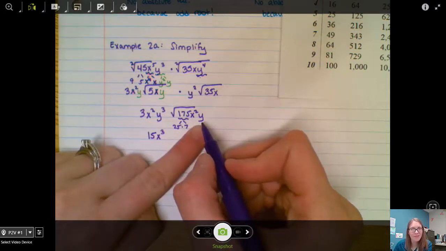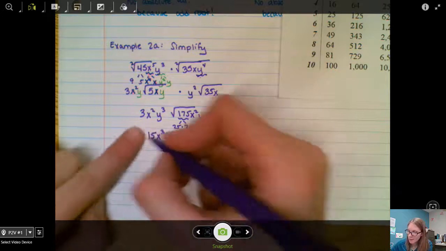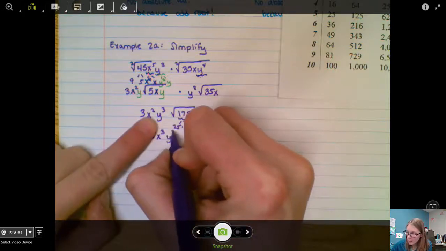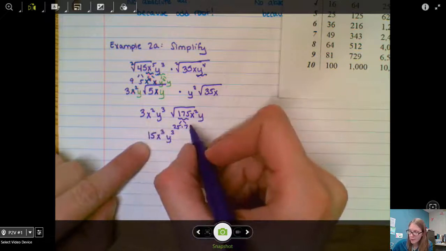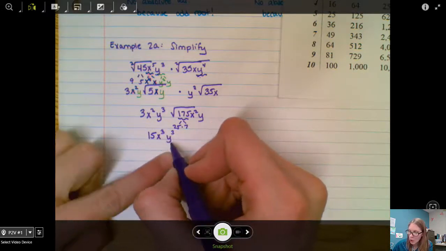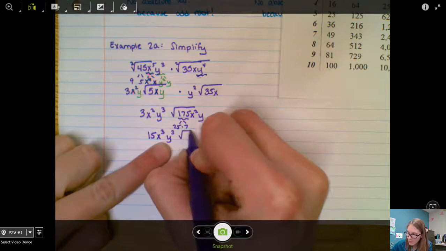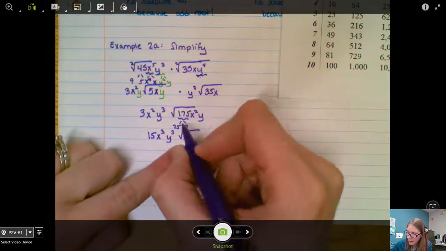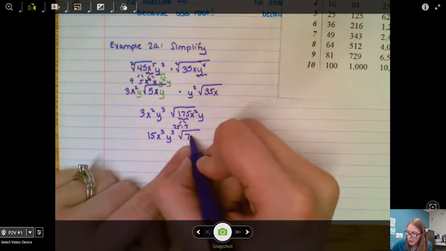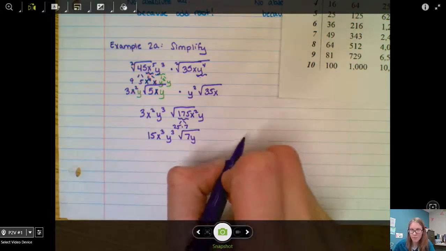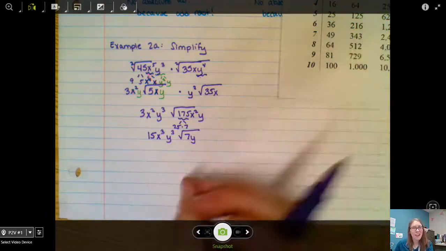That y, I can't do anything with. But I have this y cubed that's out front. So all together out front, after we do all of our simplifying, I get 15x cubed y cubed times the square root of 7y. We've done all of our simplifying.